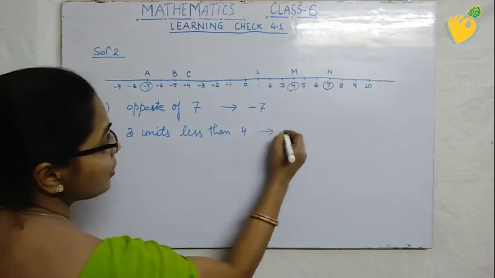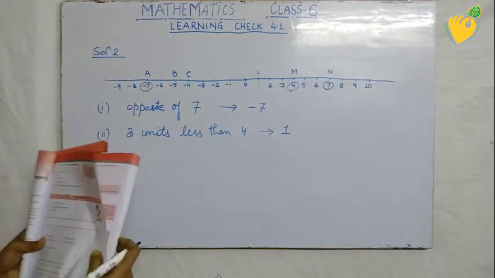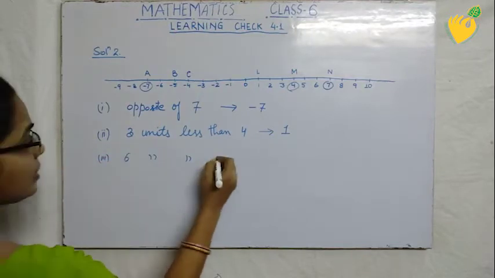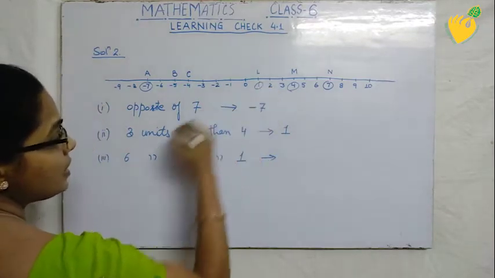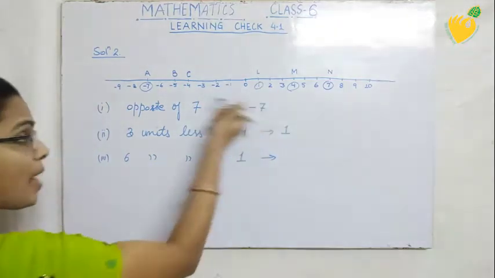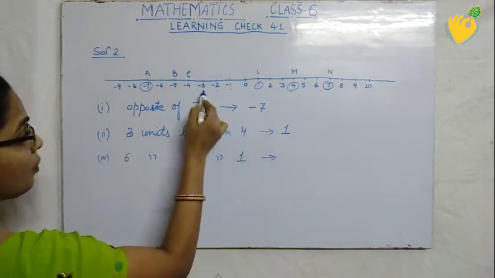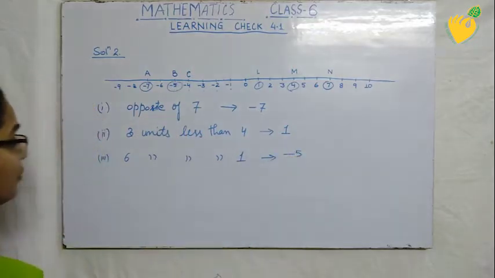That means where? 1. Again, the next question, students, is 6 units less than 1. Where the 1 is? It is here. You have to go back 6 units: 1, 2, 3, 4, 5, 6. Where are you now? Minus 5.